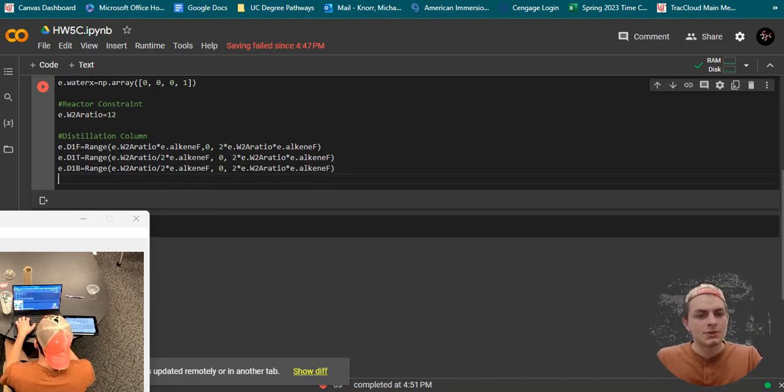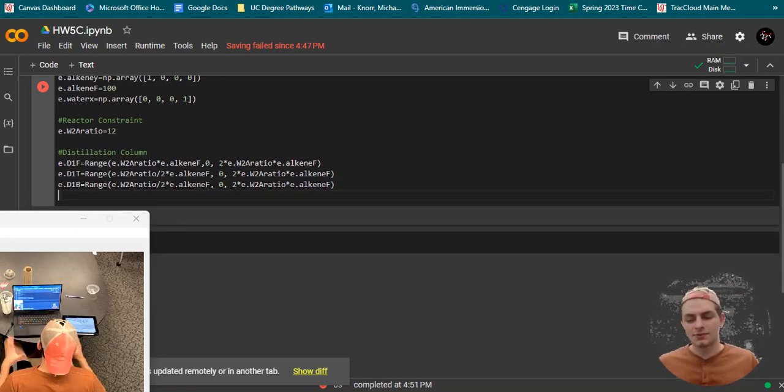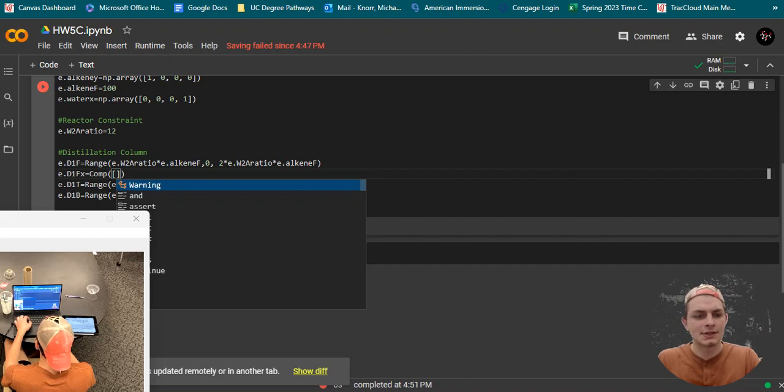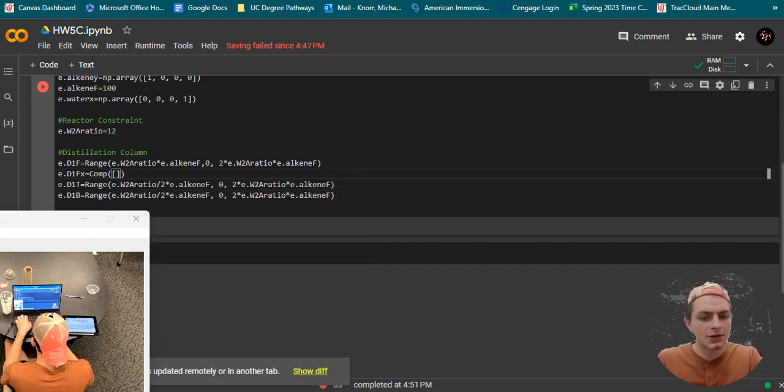Okay. So that will be the flow rates for each one of those streams that are associated with the distillation column. What we need to do now is provide some sort of guess for the compositions of that column, and for that I'm just going to use the comp function here. So I'll say D1 Fx, and I'll just say comp, and we just need to provide some sort of list here as an initial guess.